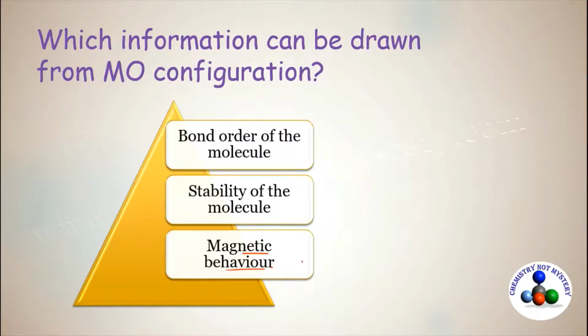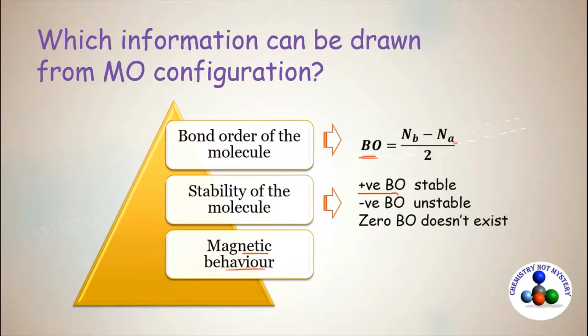For the bond order calculation, you have to use the formula: bond order is equal to Nb minus Na over 2. Nb is the number of electrons present in bonding molecular orbitals and Na is the number of electrons present in anti-bonding molecular orbitals.